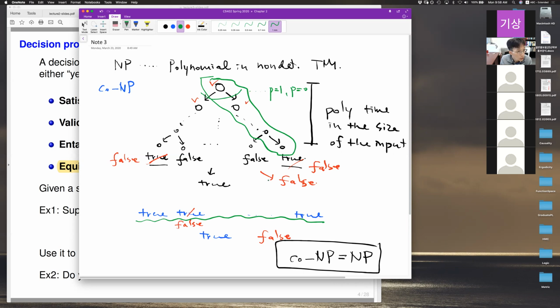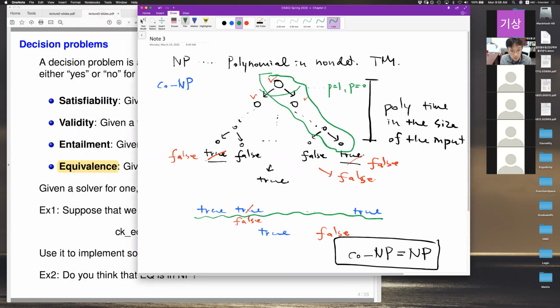Although I'm not going to show it formally, questions whose specification involves existence, like satisfiability, correspond to NP problems. In fact, it's a so-called NP-complete problem, the most difficult problem in the NP class. And questions that involve universal quantification, like validity, have to be true for all the assignments.